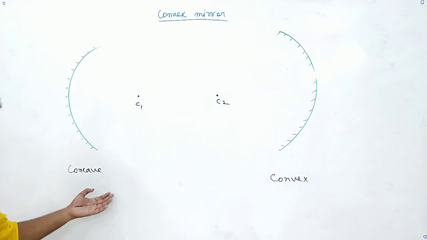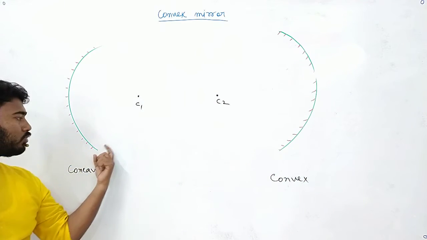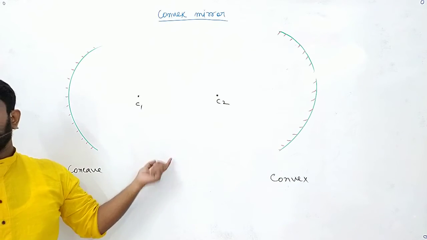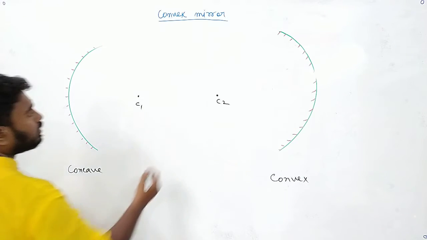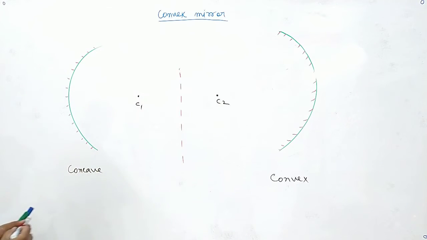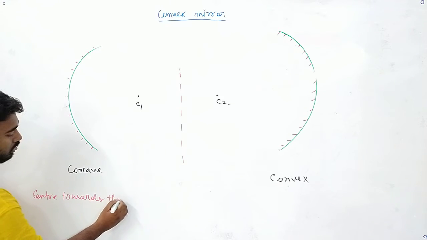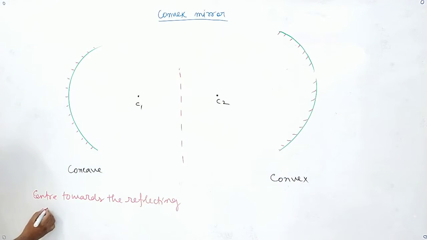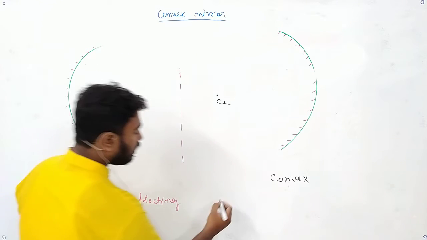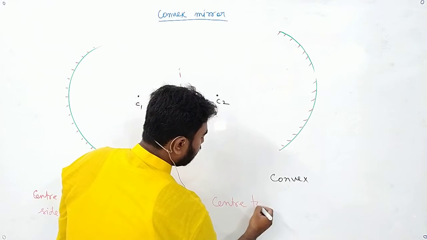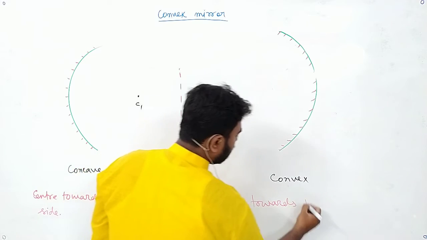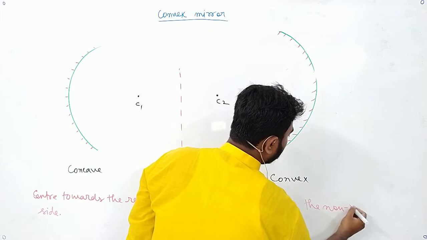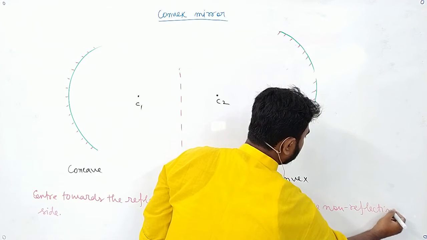In case of a concave, the center of the sphere will be towards the reflecting side. So we must make it clear in this way: center towards the reflecting side, and in this case center towards the non-reflecting side.